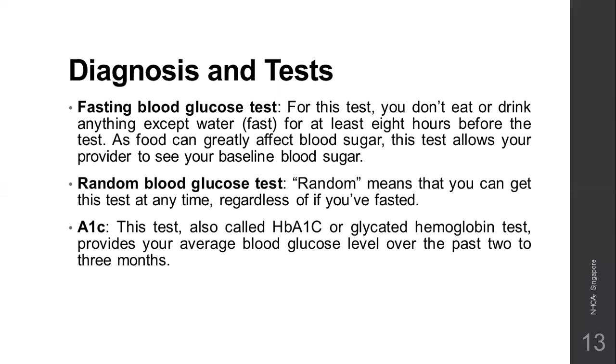Here, if your HbA1c level is below 5.7, you are considered non-diabetic. If your levels are in the range of 5.7 to 6.4, pre-diabetic. And if it is above 6.4 or above 7 percent, you are diabetic.